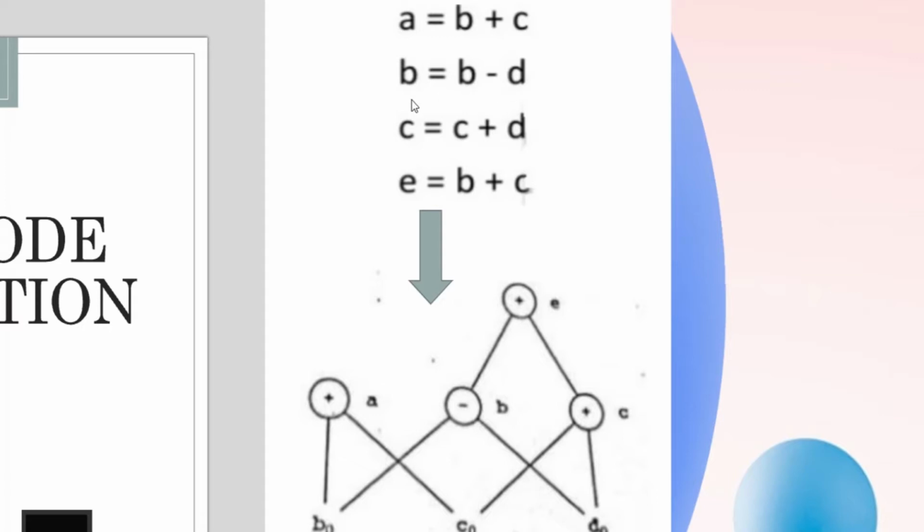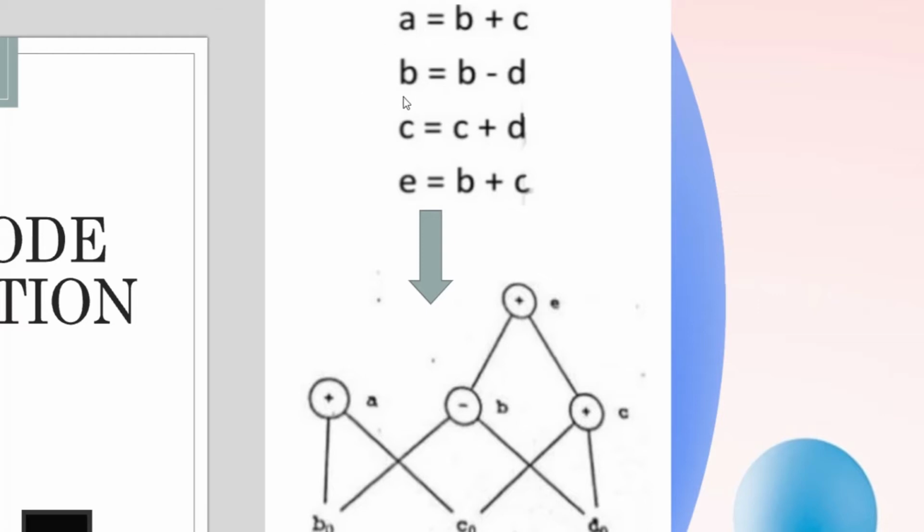So where is B present? B is present here, and D is present here. We will subtract B and D, and the result is stored in B. Now the value of B has changed. So in the first expression, the value of B is different, whereas in the second expression, the value of B is different.